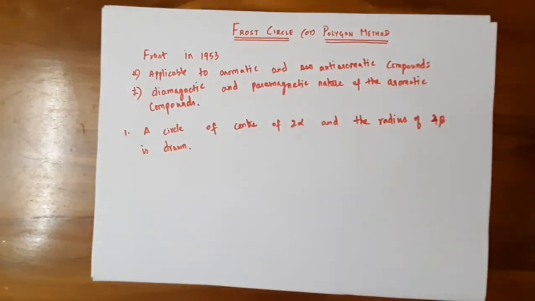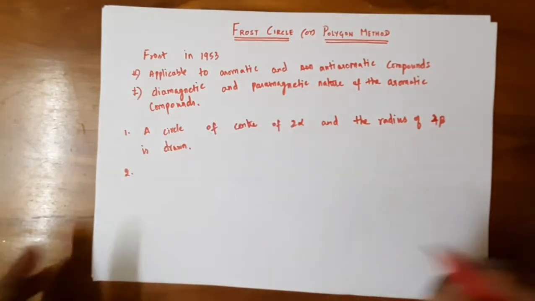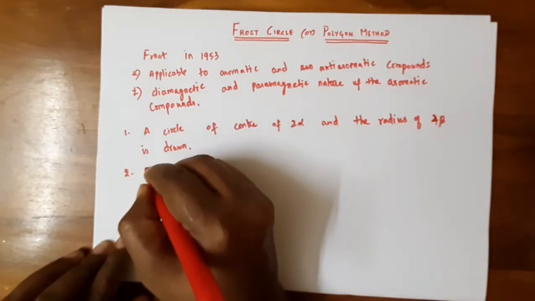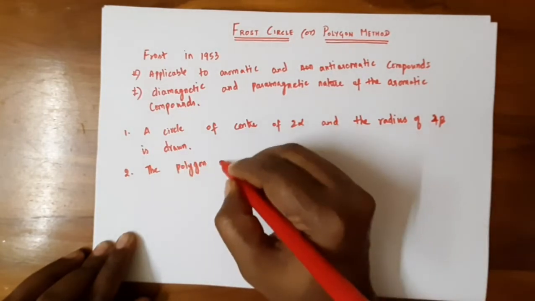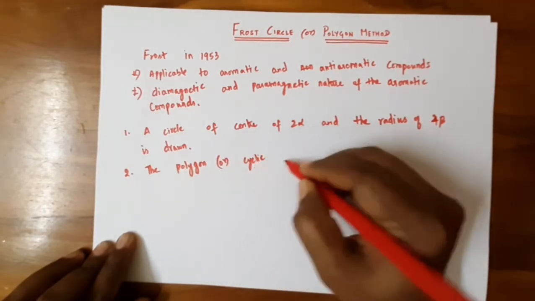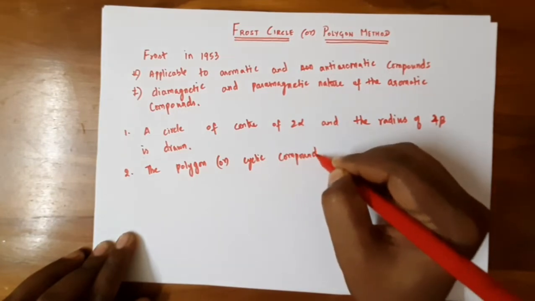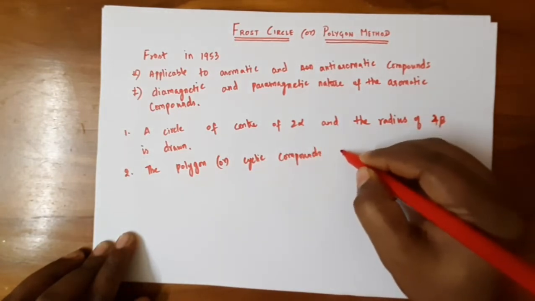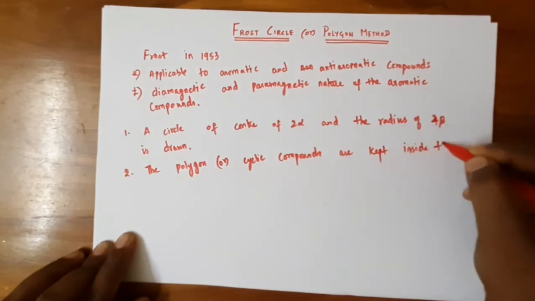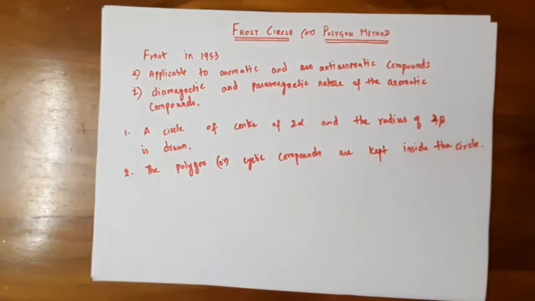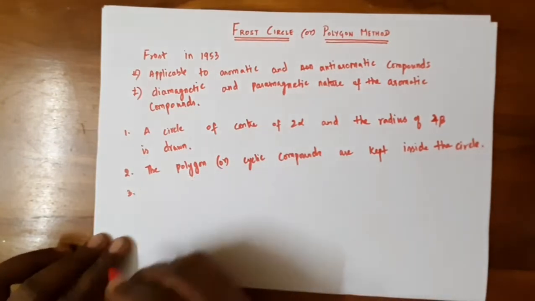So first we have to draw one circle. Second, the polygon or cyclic compound which we are going to study should be kept inside the circle.